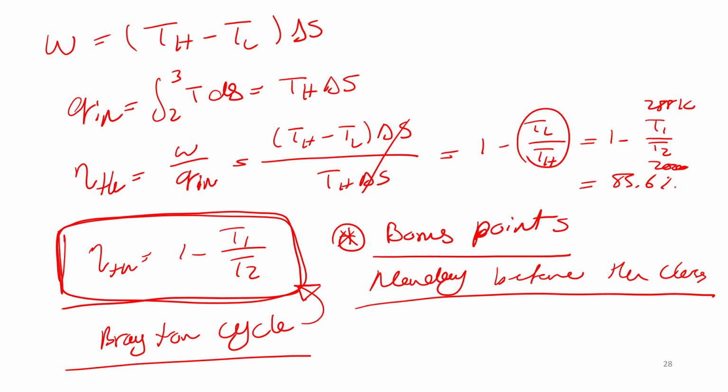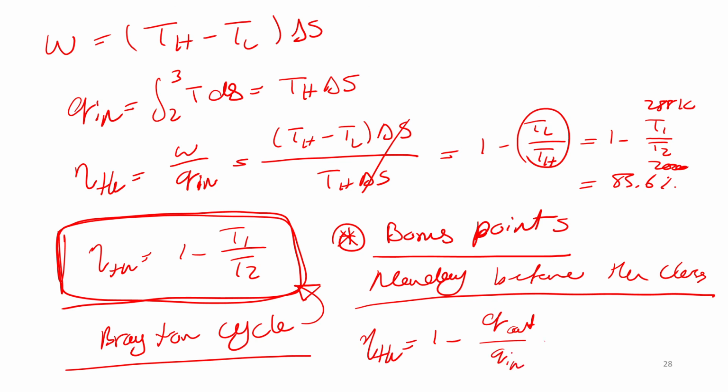Something you have to keep in mind is that the efficiency of a thermal cycle can also be calculated by 1 minus Q out over Q in, right?